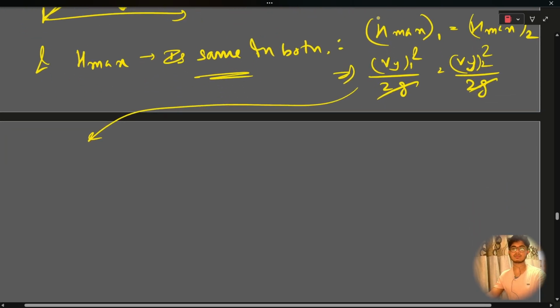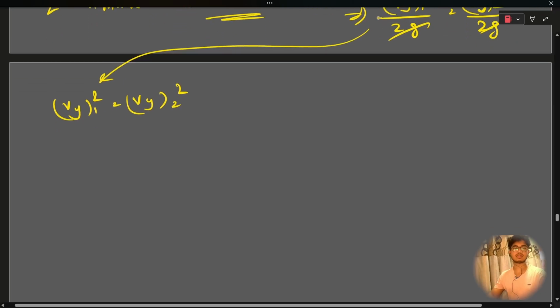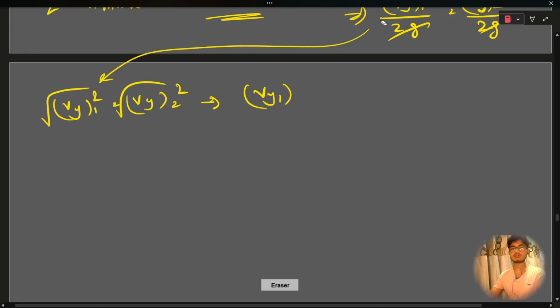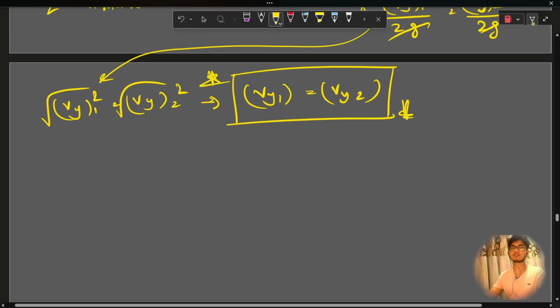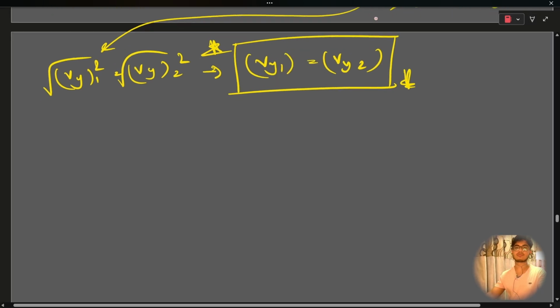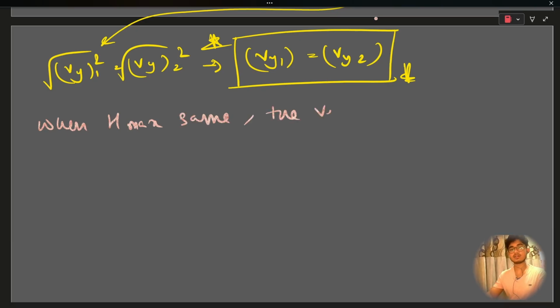This is Vy1 square equal to Vy2 square. Take a root on both sides. This comes as Vy1 equal to Vy2. That means when H max is the same, the vertical velocities are also the same.